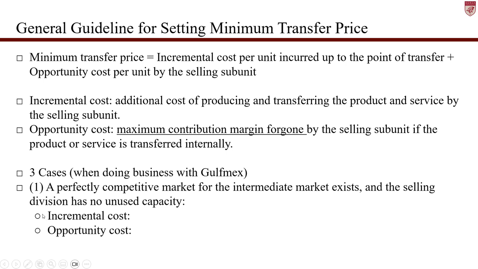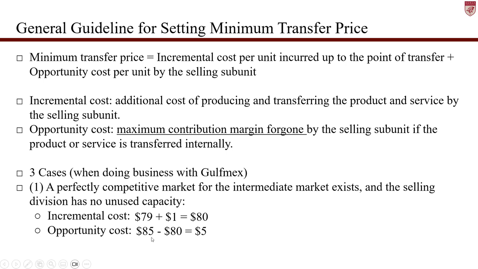Now, let us think about both costs, incremental cost and opportunity cost. The incremental cost for the selling subunit comes from the purchasing cost from GulfMex of $79 plus the variable cost incurred of $1. So it's going to be $80. How about the opportunity cost of transferring to the internal purchasing unit, the refining division? Well, you actually give up some contribution margin. For how much?